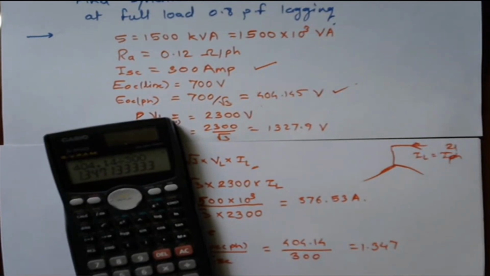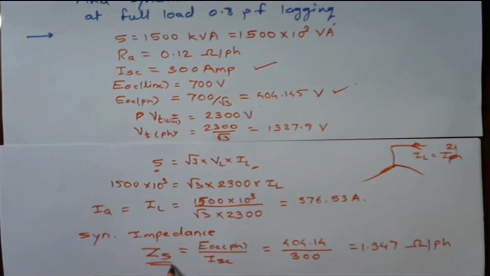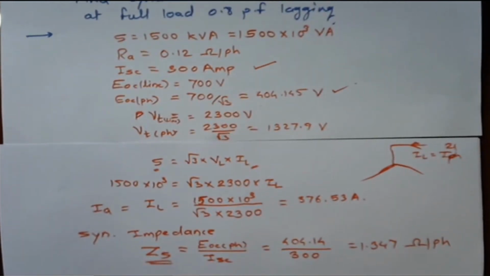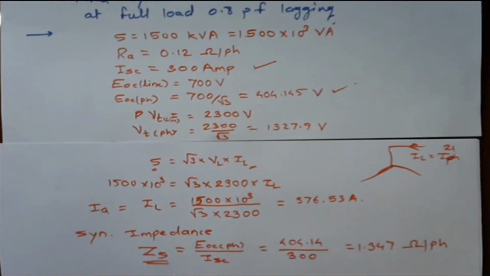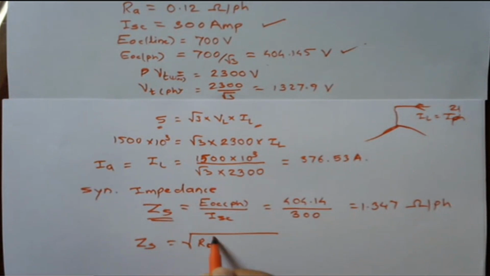1.347 ohm per phase. So right now I have got the value of ZS, and what is the formula for ZS in terms of RA and XS? ZS is equal to the square root of RA square plus XS square.